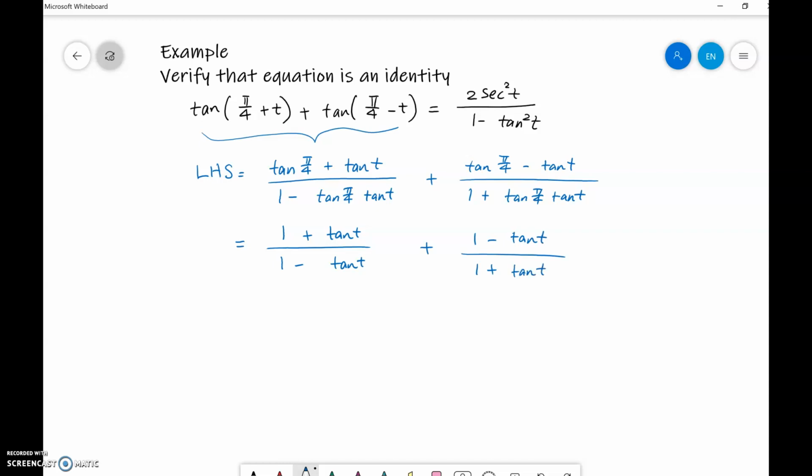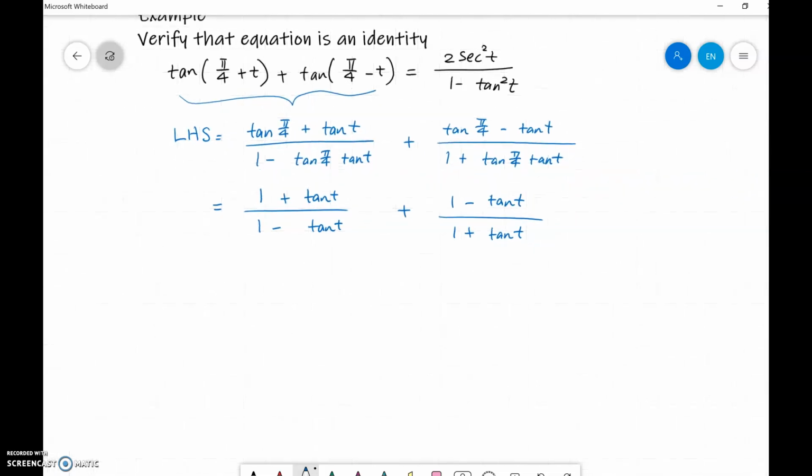Okay, so we end up with 1 plus tangent of t over 1 minus tangent of t plus 1 minus tangent of t over 1 plus tangent of t. So we're going to add the two fractions. The LCD is going to be 1 minus tangent of t times 1 plus tangent of t.